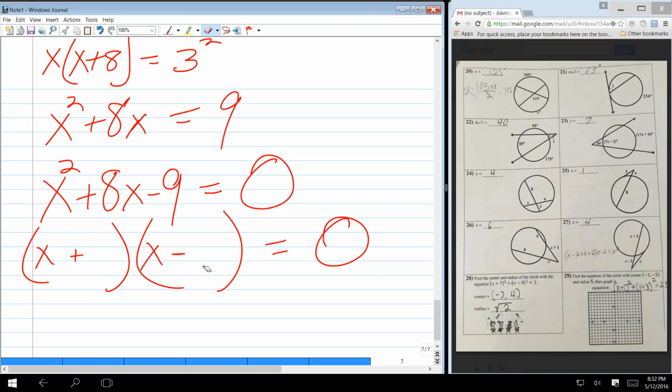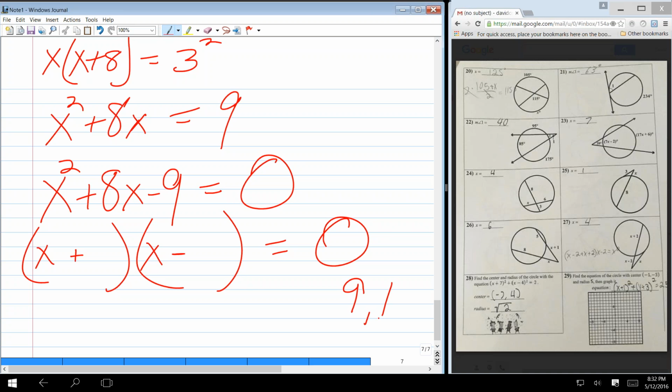But they have to be factors of 9 that add to 8x, or subtract because of that negative sign, to the number 8. So what are the factors? 9 and 1, right? Yeah, exactly.